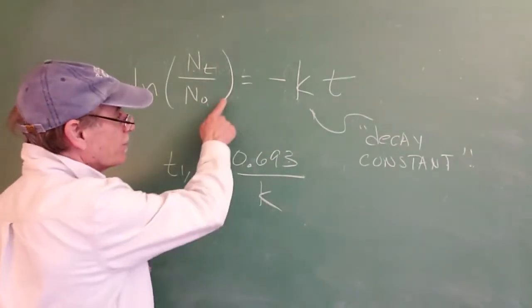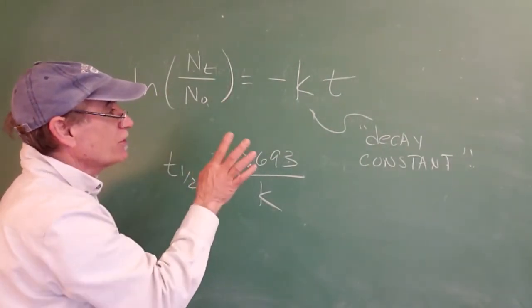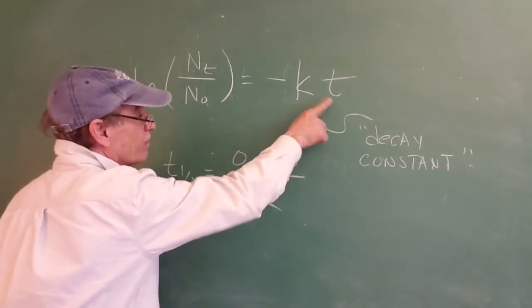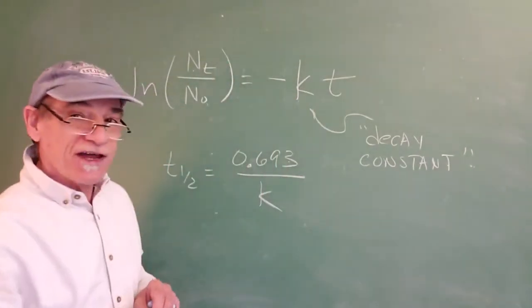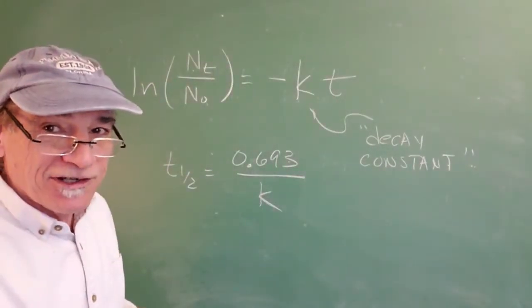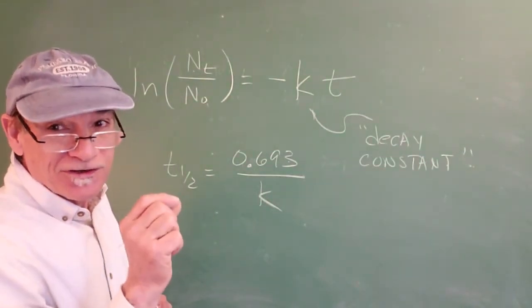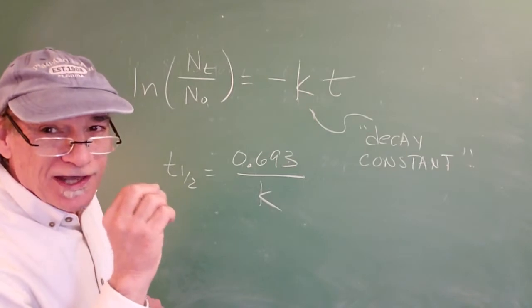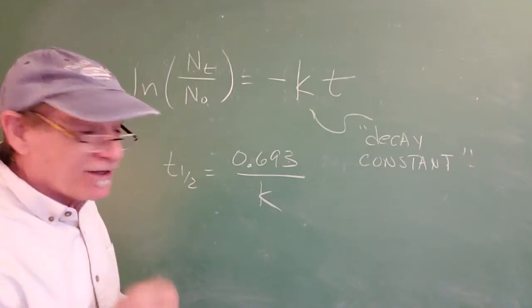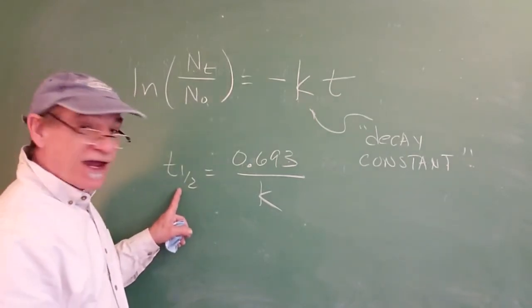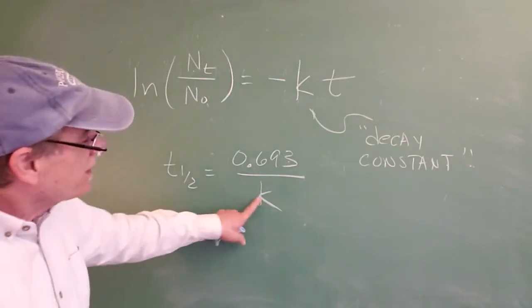We also derived an equation from this and said, well, what if we look at the time required for half of it to disappear? We defined that as the half-life. Remember, for first order decay, half-lives are like a fingerprint. Every reaction has its own unique half-life and it doesn't change. Well, it turns out that's because the half-life is related to the rate constant.